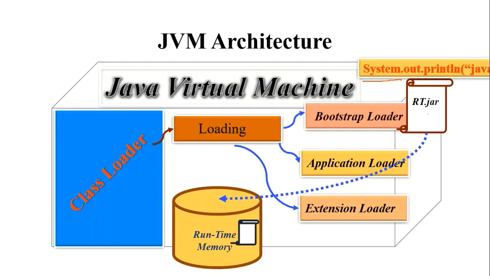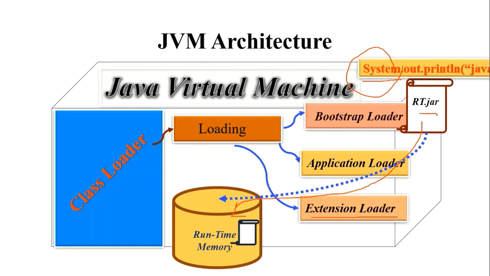Then my next question is, do we need to include the java.lang package every time we write system.out.println? The answer is no. The System class under the java.lang package is available in the rt.jar. So Bootstrap class loader loads the System class from rt.jar to the runtime memory.